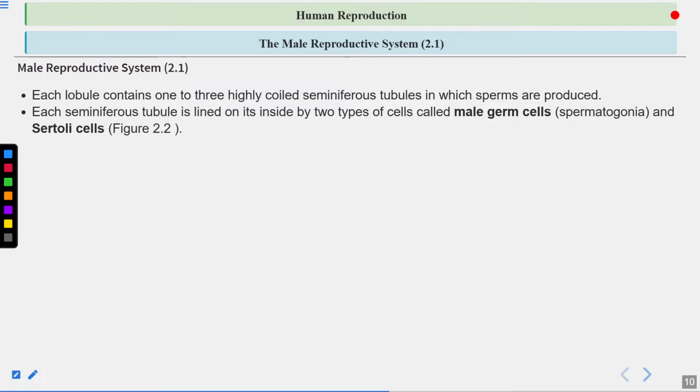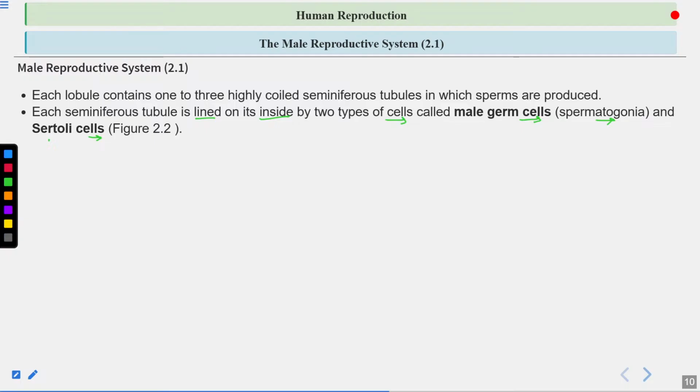Now each seminiferous tubule is lined on its inside by two types of cells called the male germ cells, also known as spermatogonia, and the Sertoli cells. So towards the inner side of the seminiferous tubules, two kinds of cells are present: one is the spermatogonia, another one is the Sertoli cells.